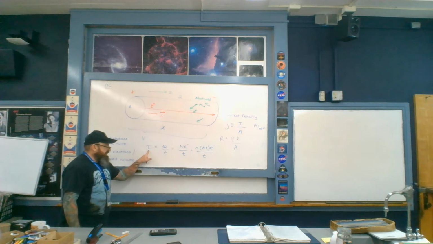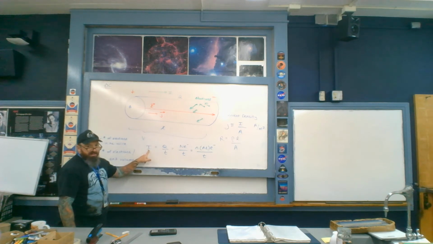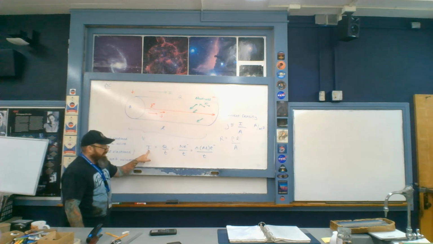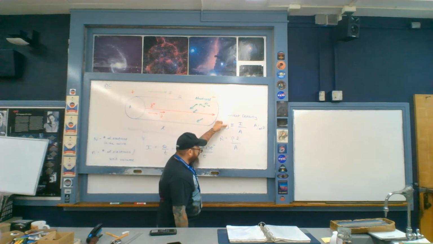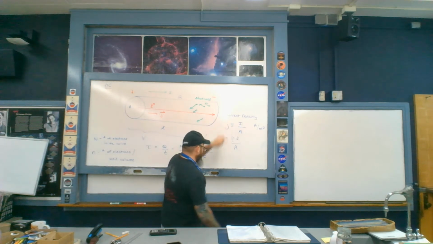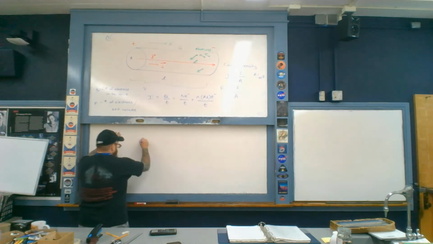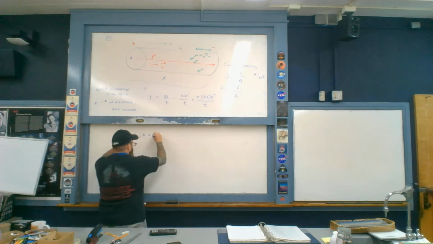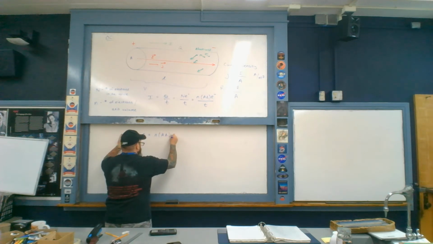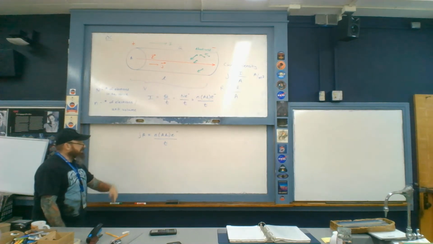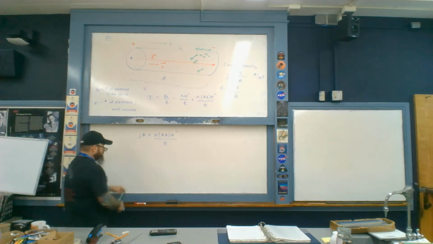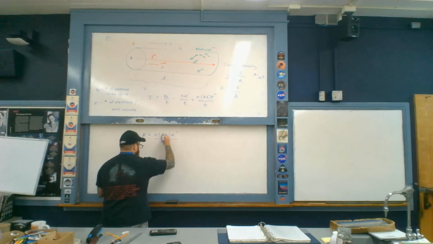Okay, now the left-hand side of the expression is the current I. That's equal to the current density J multiplied by the area A. Like so. And then we have the right-hand side of the expression. Now let's go ahead and cancel out the area A here.